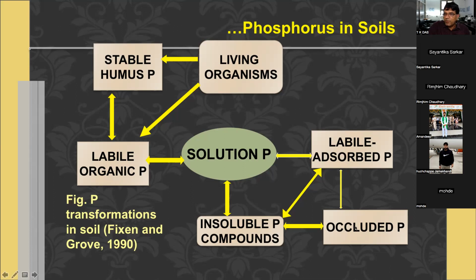They can be converted into occluded phosphorus. This labile adsorbed phosphorus is in equilibrium with solution. And then insoluble phosphorus compounds may also be there, and that can also become part of the occluded phosphorus. And this occluded phosphorus can also give you insoluble phosphorus. So try to understand this cycle, it is self-explanatory.